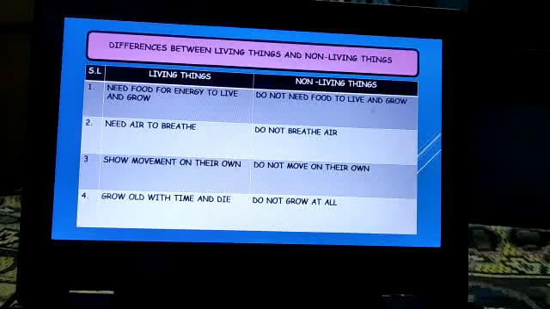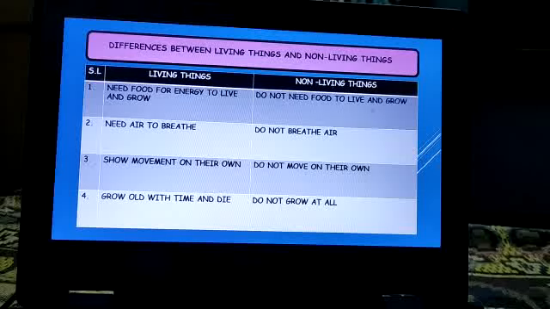But non-living things do not need food to live and grow. Second, living things need air to breathe. Like we breathe in oxygen and breathe out carbon dioxide. But non-living things do not breathe air. They don't need it.